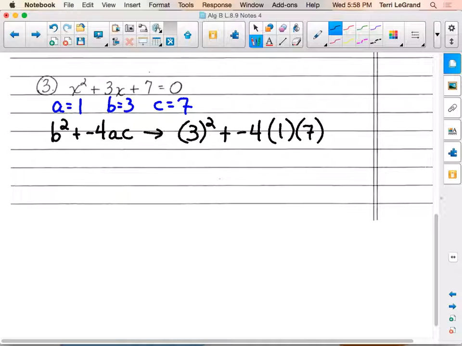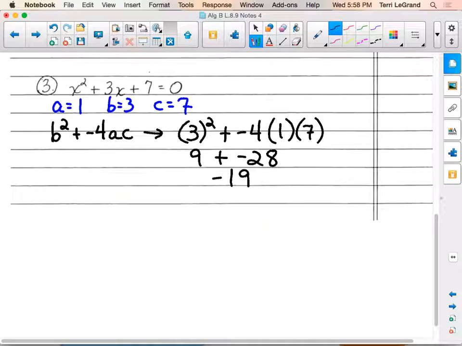After substituting into our discriminant part of the formula, we should have 3 squared is 9. Negative 4 times 1 times 7 is negative 28. 9 plus negative 28. In my world, and of course my world tonight is a little bit fuzzy, that's negative 19. See if you agree with me.